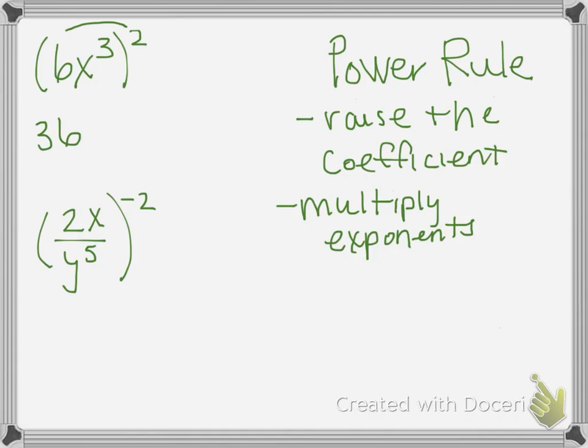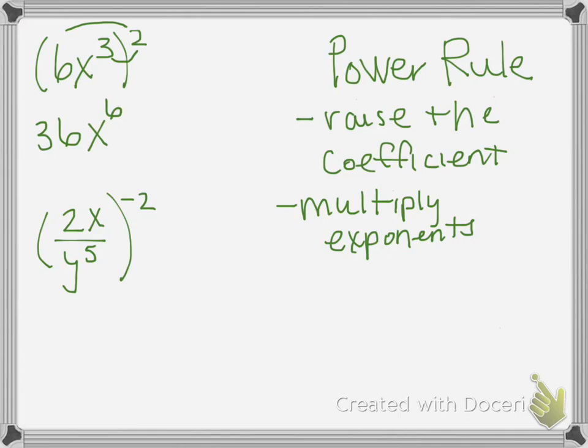The exponent for x to the 3rd is going to be multiplied with our power, which is a 2. We end up with a 6 for our exponent for the x, which is our variable. Our final answer for that one then is 36x to the 6.